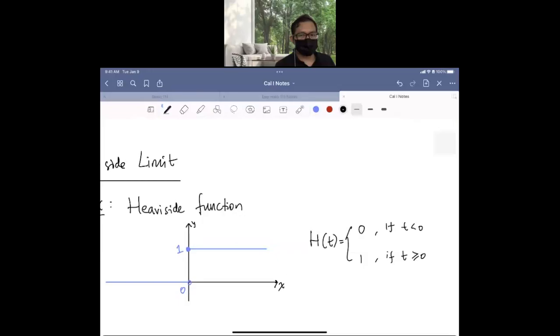Heaviside is the person's name. The name is Oliver Heaviside. It describes the electrical current when it's switched on and off at t equals 0.